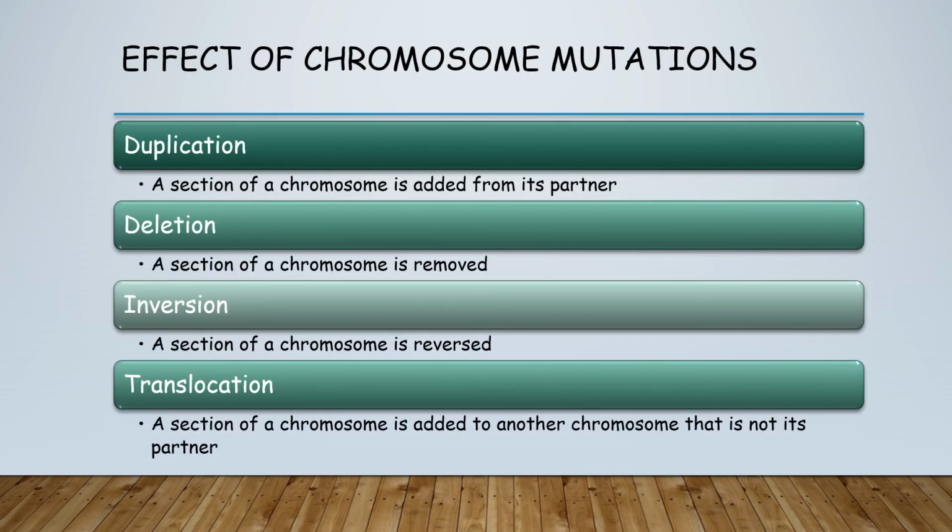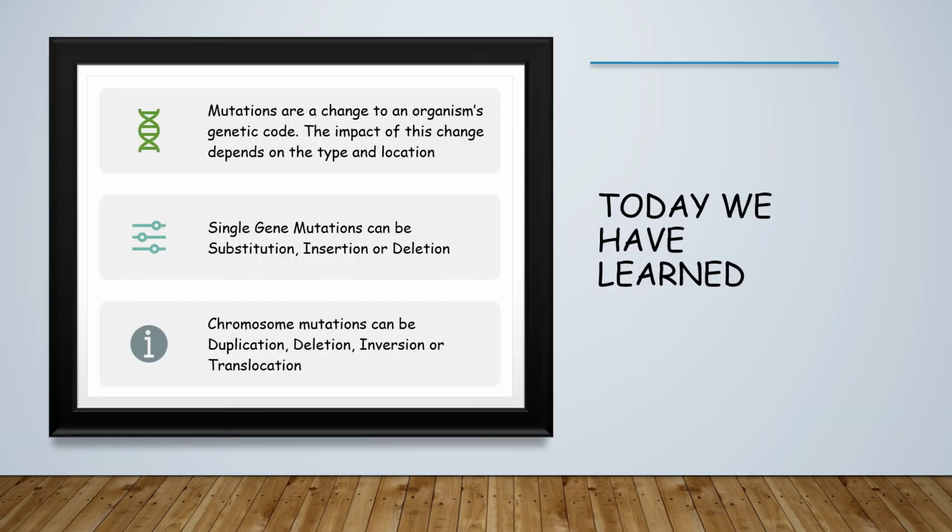So here's a simple table for our four chromosome mutations: duplication, deletion, inversion, translocation. That'd be useful to add to your notes. We've covered all four of those today, and obviously our three single gene mutations too. That finishes off our video lesson for today. We've looked at the fact that mutations are a change to an organism's genetic code.